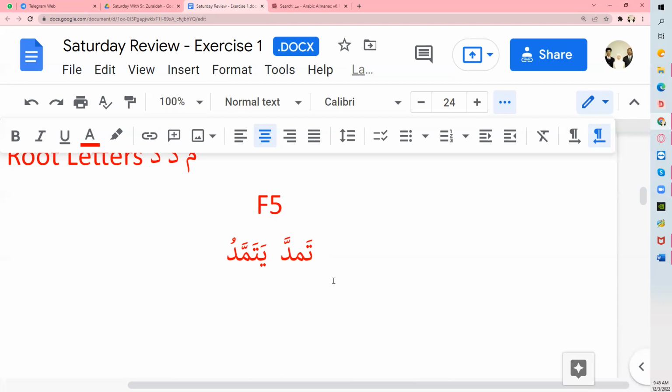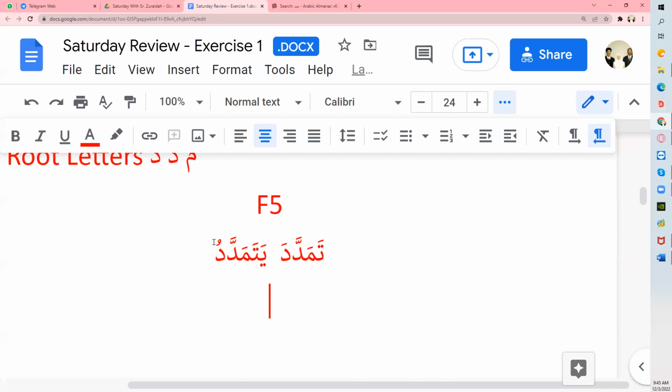tumuddi. What happens is it's actually this one. Tamadda becomes da. We have 2 d's, right? So it's tamaddada. Yatamaddadu. So this is the active line.